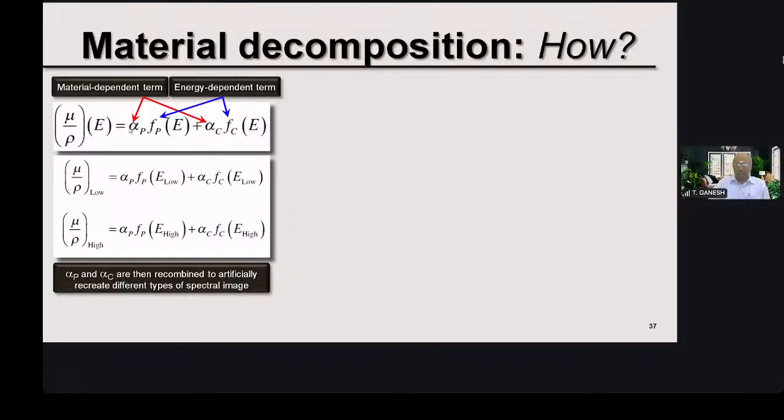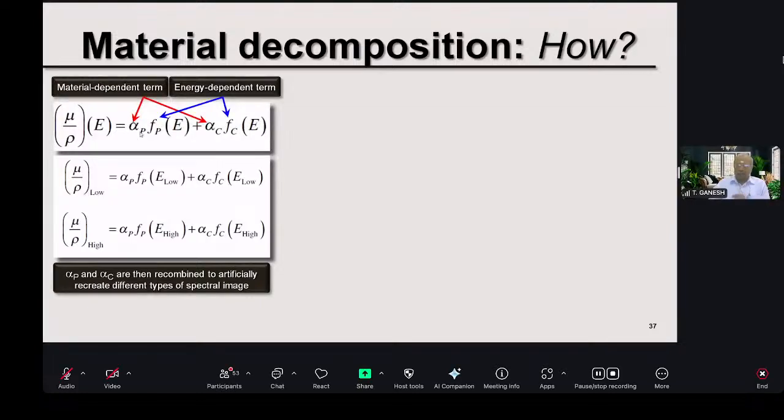So this alpha is material dependent. There is a photoelectric component. We know that part of the linear attenuation coefficient or mass attenuation coefficient is due to the photoelectric effect P and part of it is due to the Compton scatter C. Each of these is material dependent and also energy dependent.